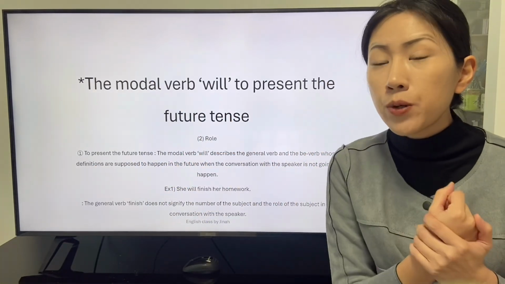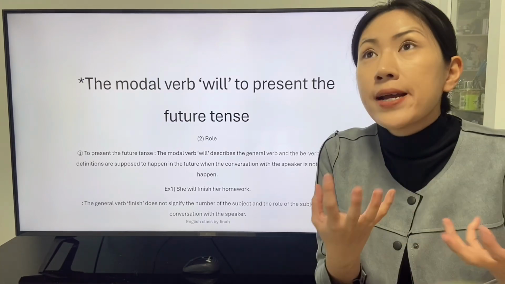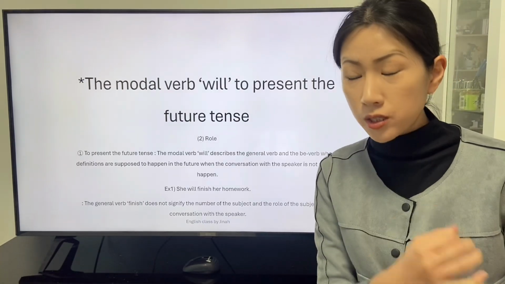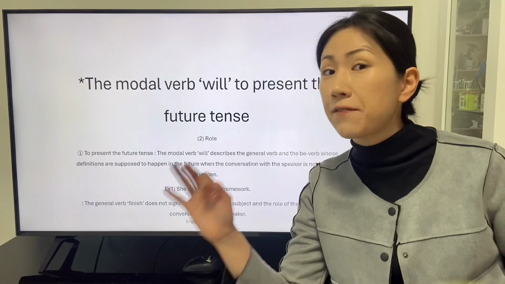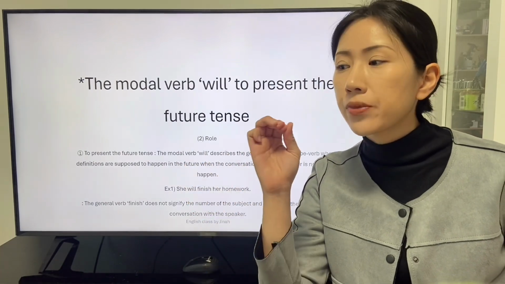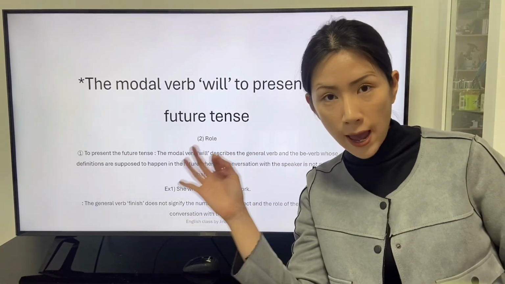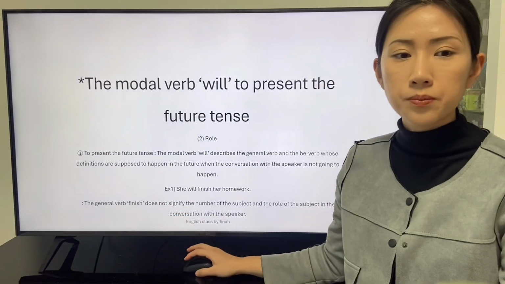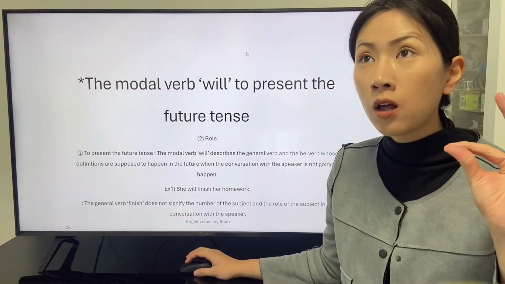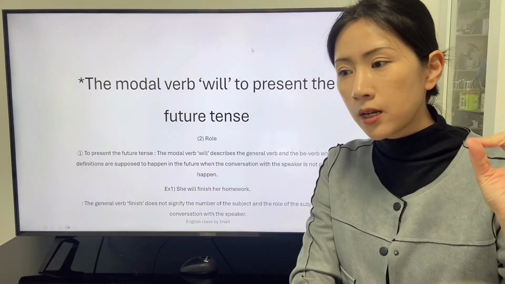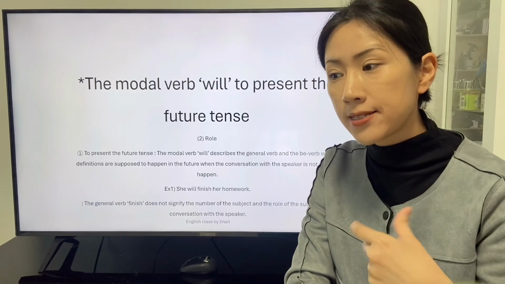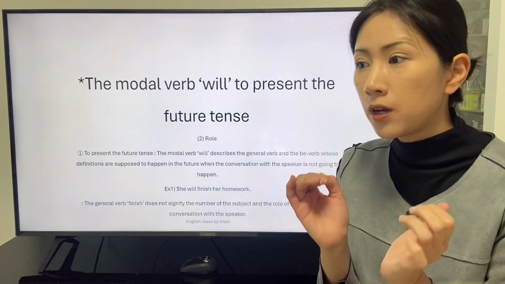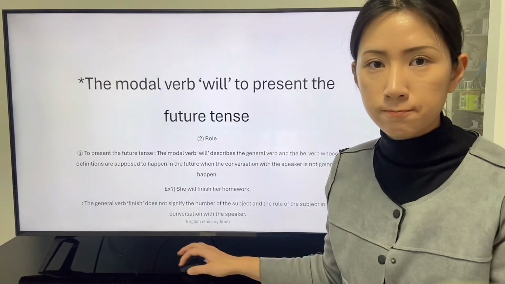So the speaker wants to express the expectation of the definition of the verb finish to happen, because the modal verb will as a noun has the definition of expectation.